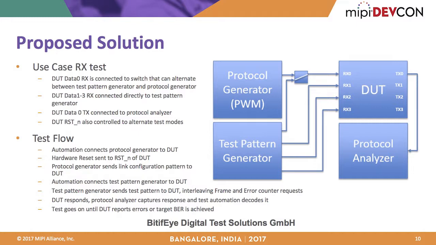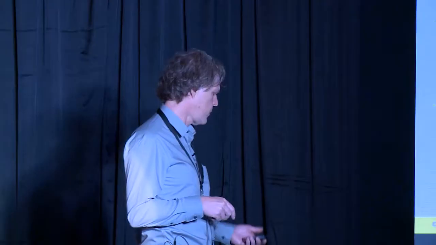The test pattern generator sends the pattern to the DOT, interleaving frame and error counter requests, and the DOT responds. The analyzer captures it, and the test automation decodes it. The test goes on until the DOT reports errors or a target BER is achieved.